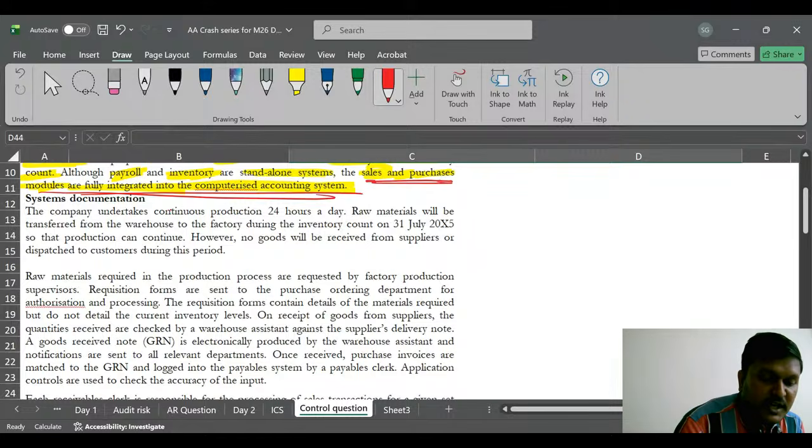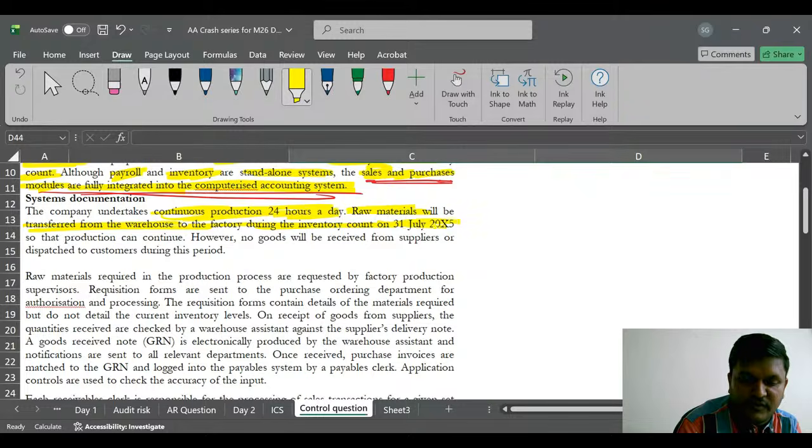The company has continuous 24 hours production, and raw materials will be transferred from the warehouse to the factory during the inventory count on 31st July so that production can continue. I can ignore the part about production continuing over here.